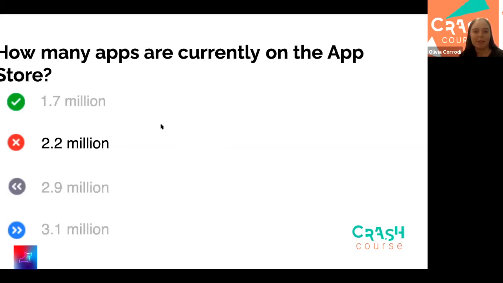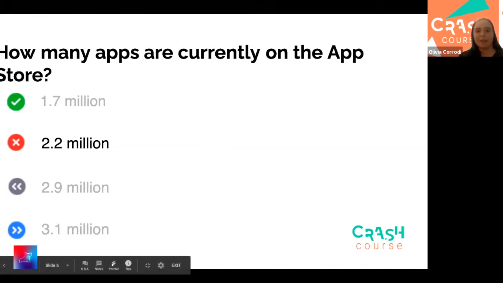Quite a few go faster. It's actually 2.2 million. So that's a very large number. There are a lot of apps on the App Store right now, and a lot of people have iPhones. So there's definitely a really wide audience that you can reach by iOS app development. That's what we are here to teach you today.